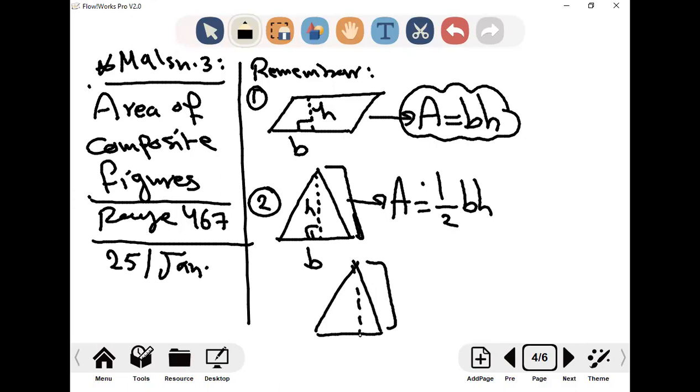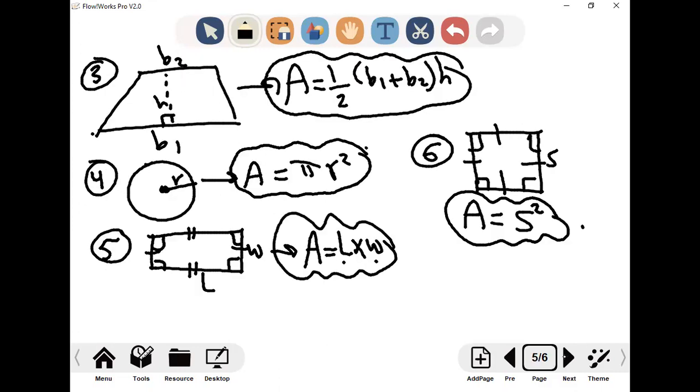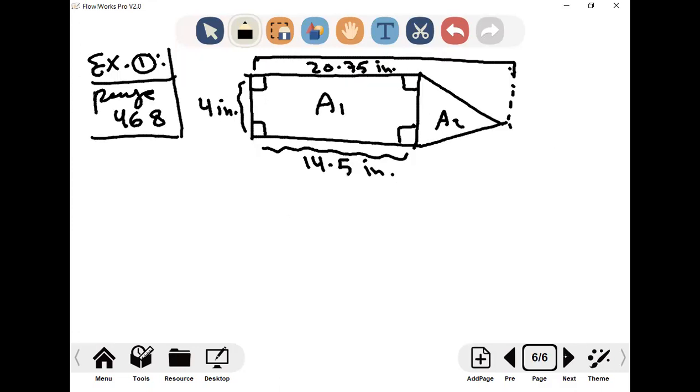Or this, it is the same. So I need the base and the height. Here I have the base. This is the base, right? How much is this? It is the same as this. If you have equal parallel lines, the distance of this is the same as the distance of that. So this is 4.